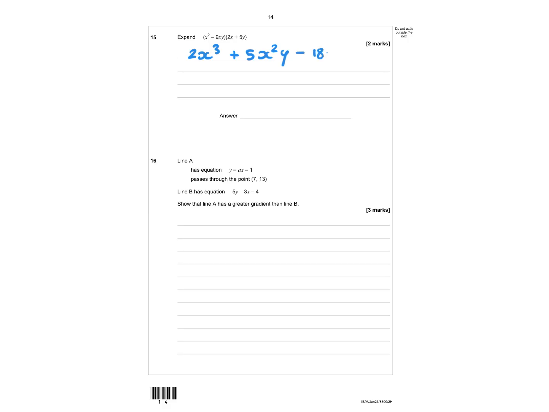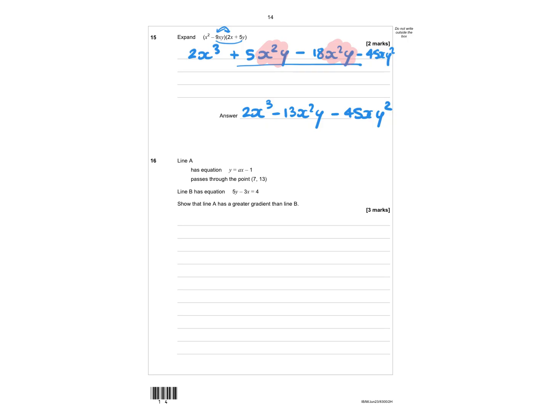Minus 18x squared y for these two terms. And then for the final pair of terms, we've got minus 45xy squared. Now, these two terms are like terms. If you have a look at this, they're both x squared y terms, and we can collect them. So we've got 2x cubed minus 13x squared y minus 45xy squared.